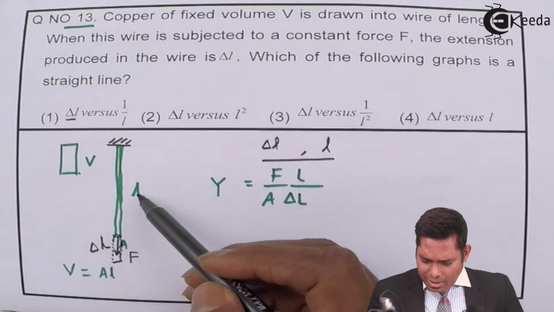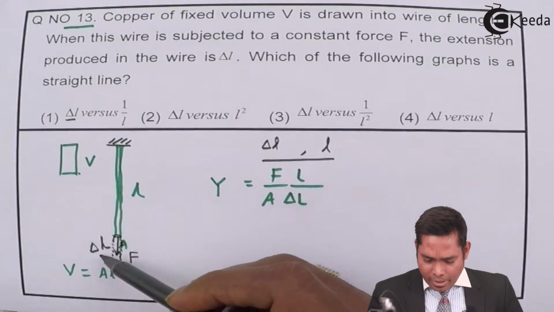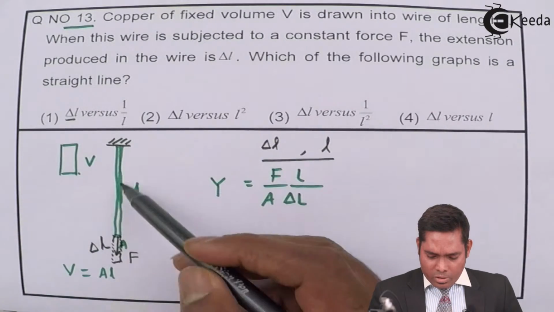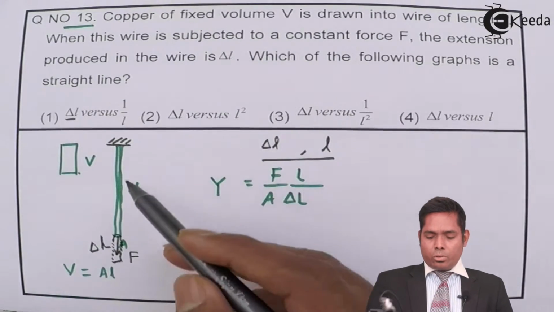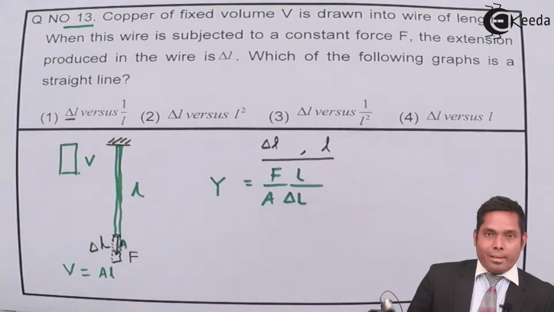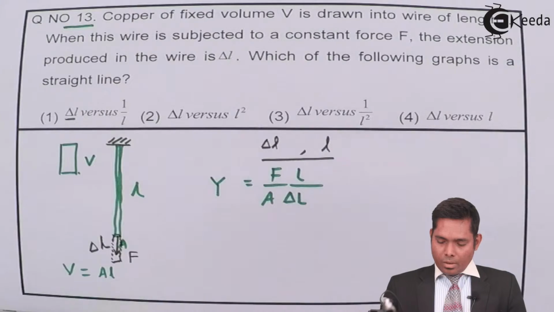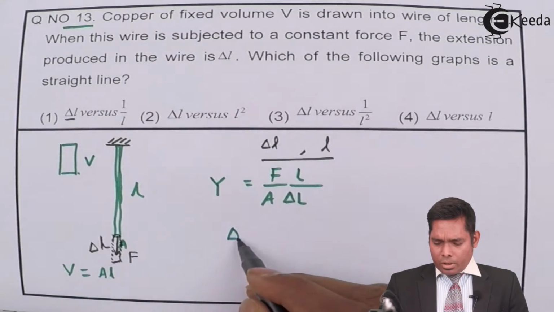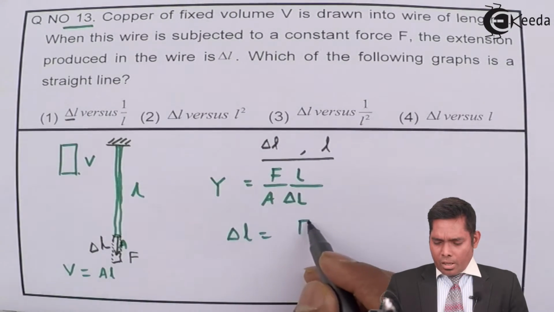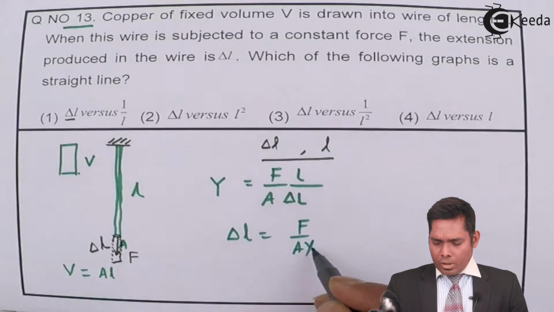So out of this length only this is made. We are talking about this original length, which is L, and this is the extension produced for this length L. So if I take this to the other side of the equation, delta L becomes F over AY into L.